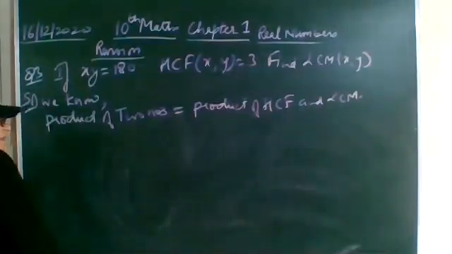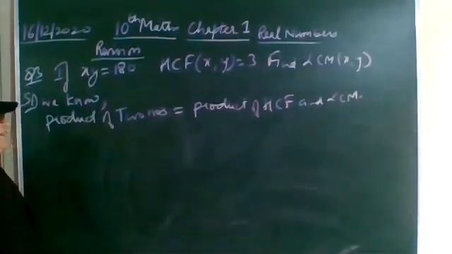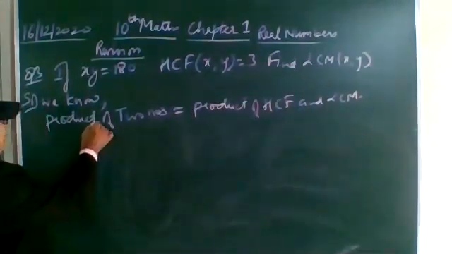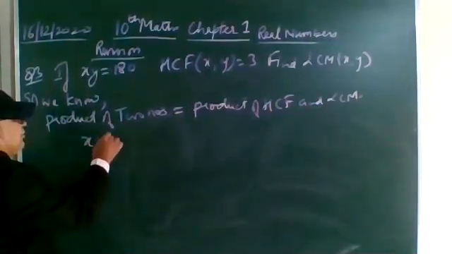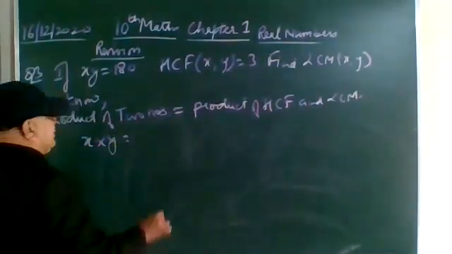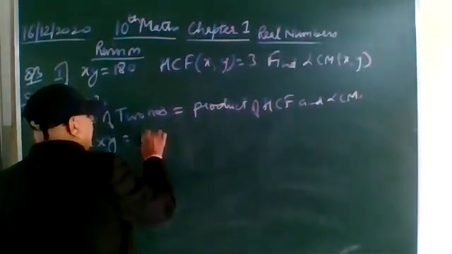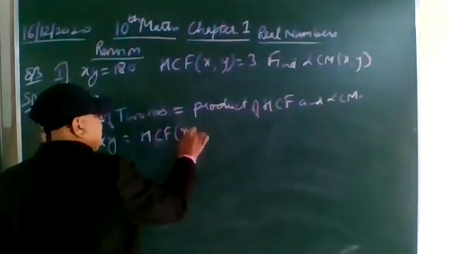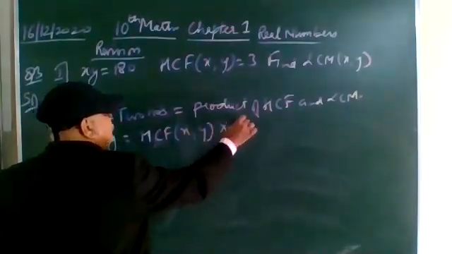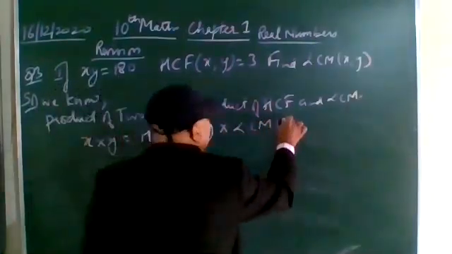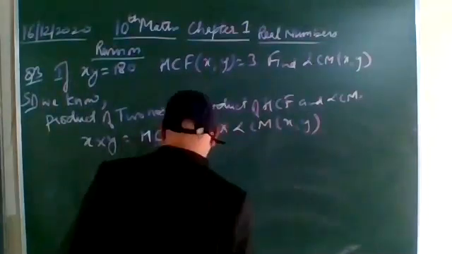This is the concept I explained here yesterday. So product of two numbers, x into y, equals HCF of x and y into LCM of x and y.